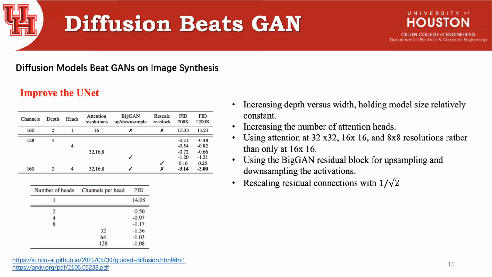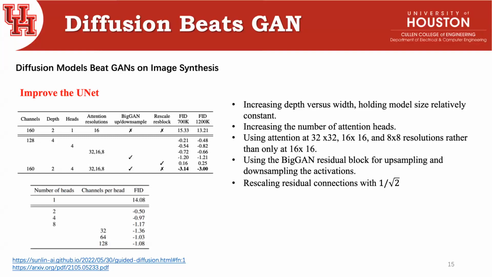So what do they do? The first one is they improve the UNet. As we can see, the UNet is an encoder and decoder, but actually there are a lot of details in this UNet, like a lot of attention mechanisms and attention heads, and a lot of upsampling blocks with some residual blocks.